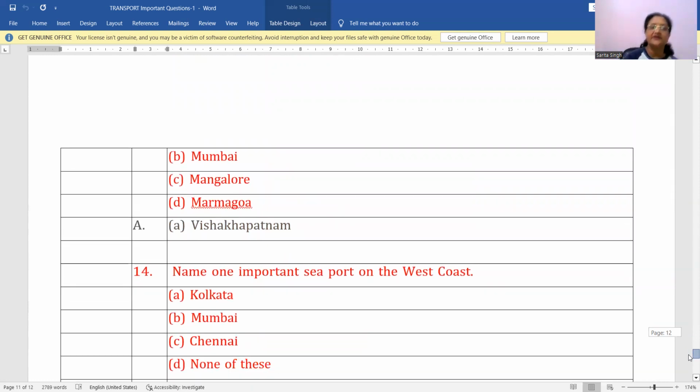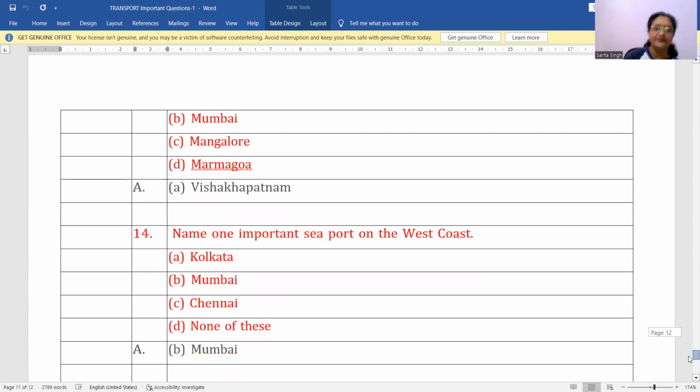Okay, next question, name one important seaport on the west coast. Now the other three will be the other options except one, right? Kolkata is not on the west coast, it is on the east coast. Mumbai is lying on the west coast, Chennai is on the east, and none of these. So here the only option left is Mumbai.